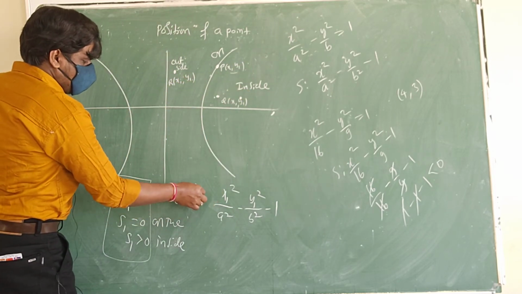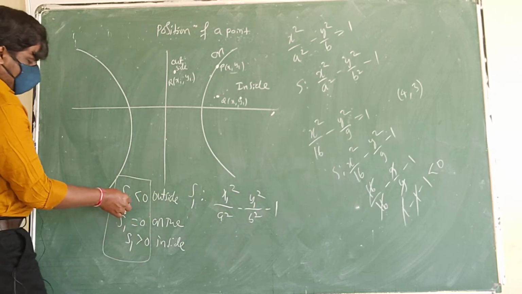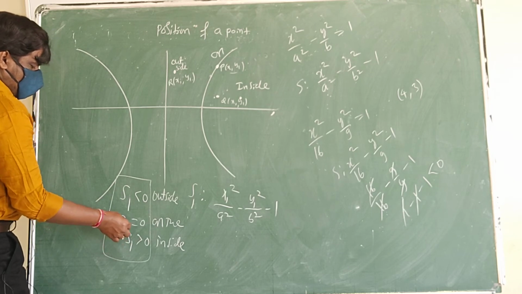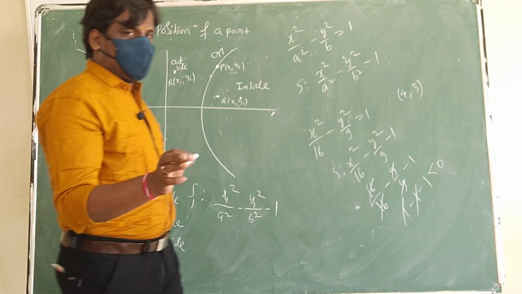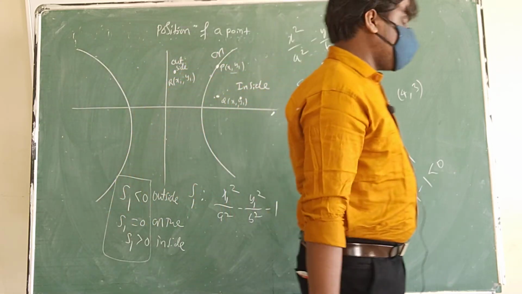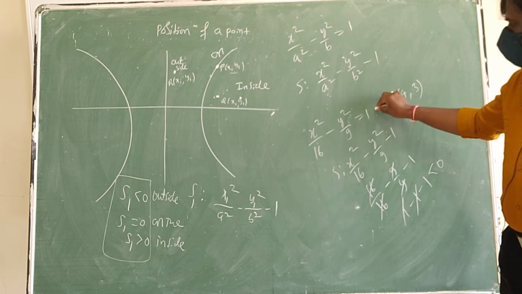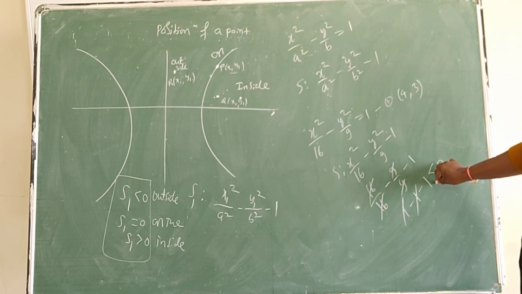So S1 will be x1 square by a square minus y1 square by b square minus 1. If S1 is less than 0 outside, S1 equal to 0 on the hyperbola, S1 greater than 0 inside the hyperbola. This is the reverse of the case for circles and ellipse. Here we checked whether this point is lying inside or outside. It is less than 0, so it's outside.